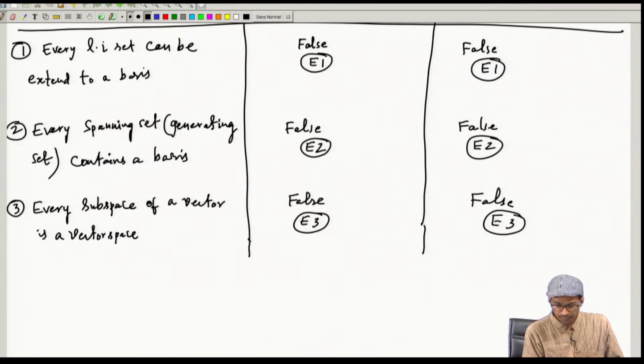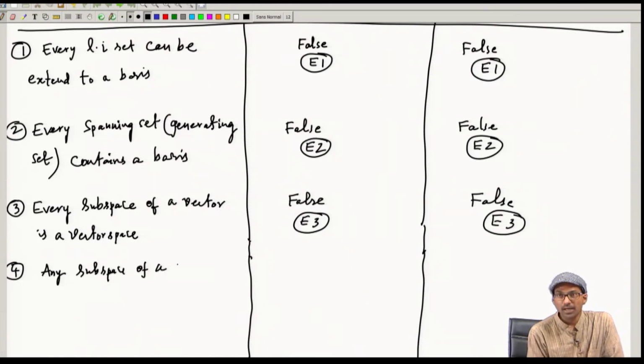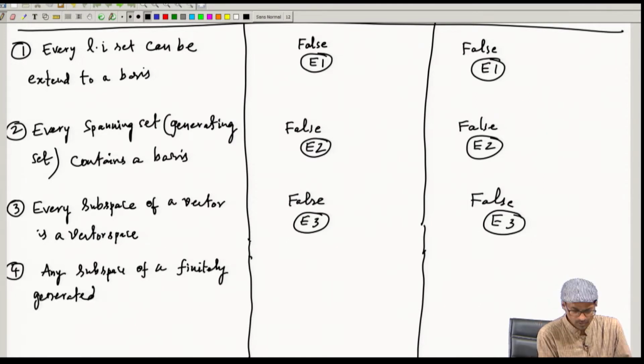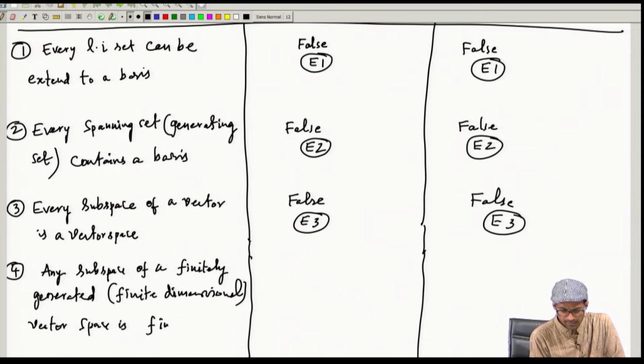The next property is: any subspace of a finitely generated vector space is finitely generated.